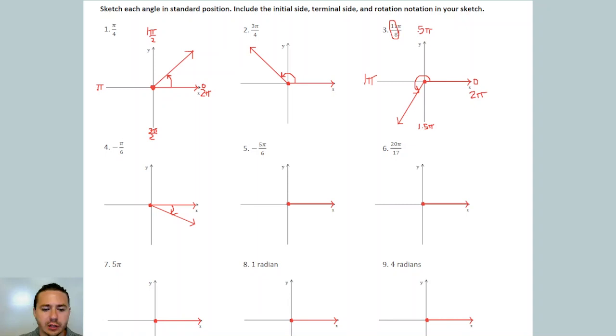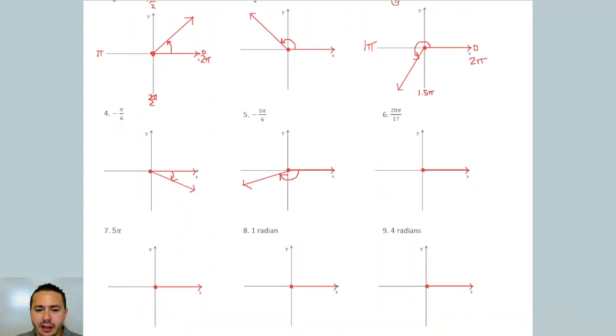So if negative 1 pi would be right here, that would be negative 1 pi, so negative 5 pi over 6 should be a little bit less than that. So I'm going to delete all that and draw my terminal side roughly right there and do my little rotation like this.